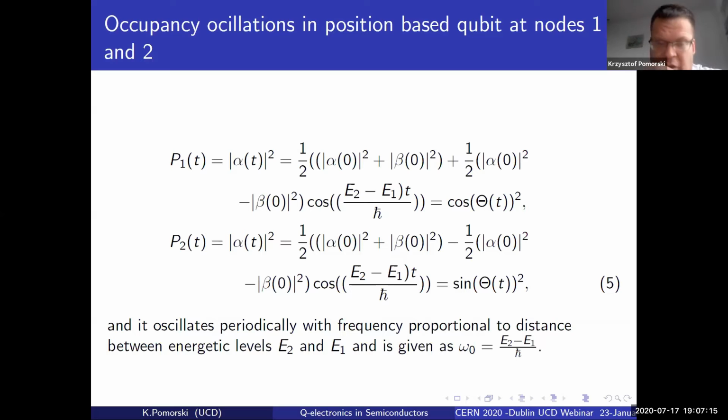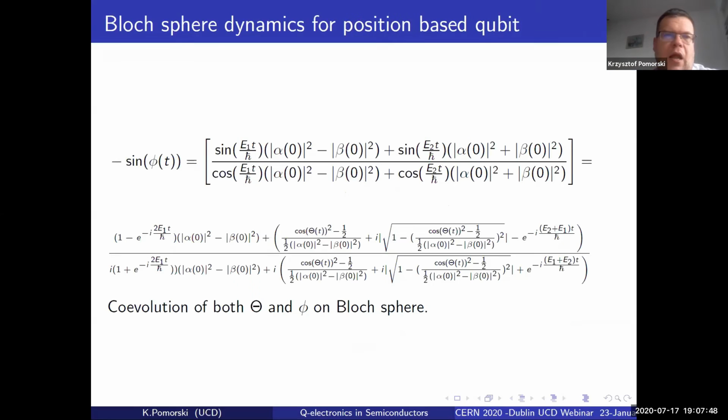Just to give you a few characteristics connected with this position-based qubit. There's a probability for an electron to stay on the left or the right quantum dot, and this probability is given by such an equation. So there is a time-dependent factor. This is cosine of (E2 minus E1), so this is the energy difference between the two levels. Obviously, there can be some additional phase added. So you see this oscillates as it was described before. Okay.